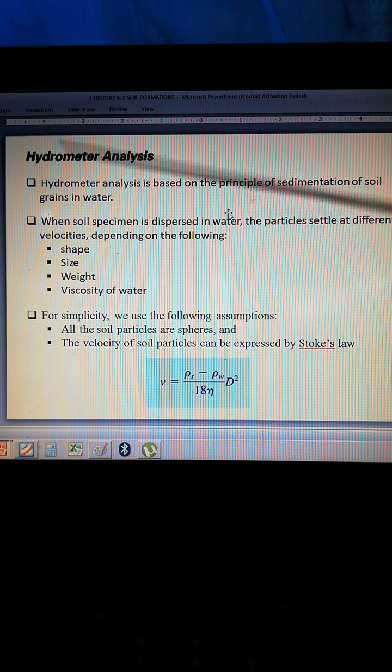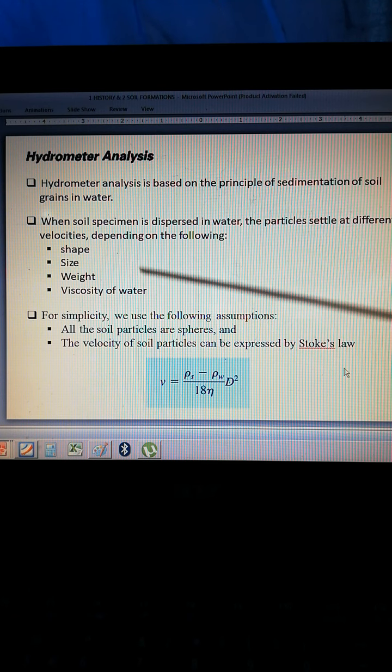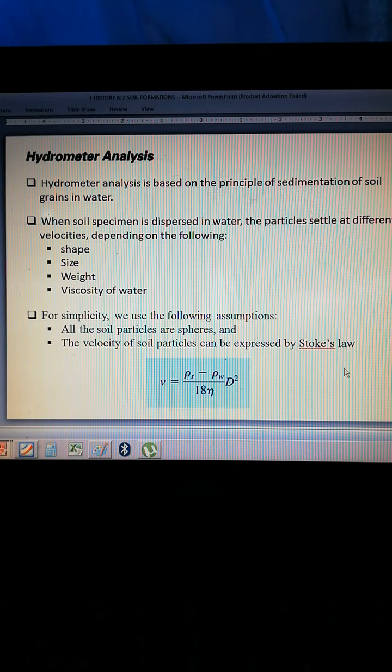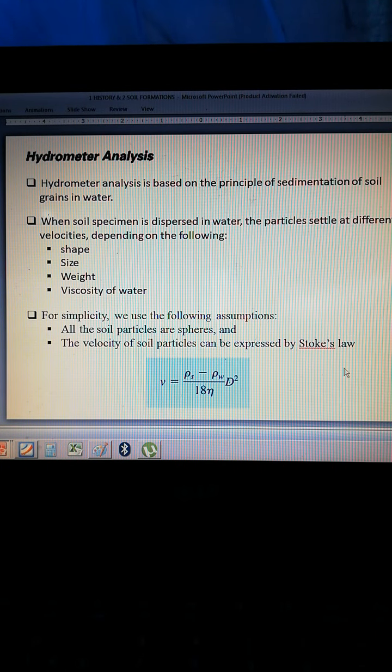Okay, so in the hydrometer analysis, the particles settle at different velocities. So these are the factors to consider when you do hydrometer analysis. Ang shape, ang size, ang weight, ug ang viscosity of water. Remember, ang clay, niingon ko last meeting nga, mura na siyang flakes.